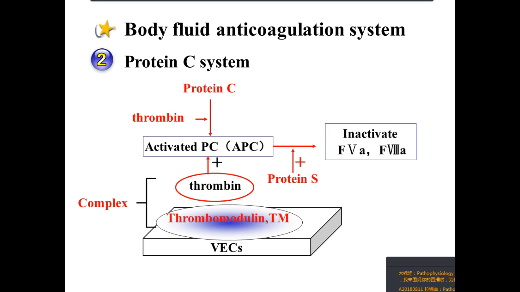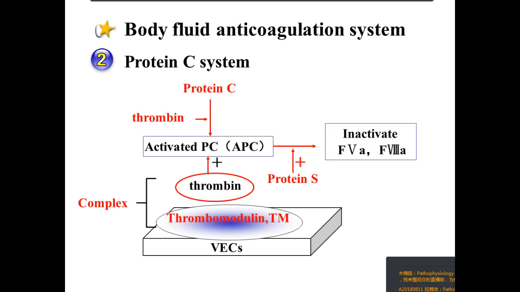From this we know that when the coagulation system is activated, at the same time the anticoagulation system is activated. Why? Because when the coagulation system is activated, what will increase? Thrombin increases.